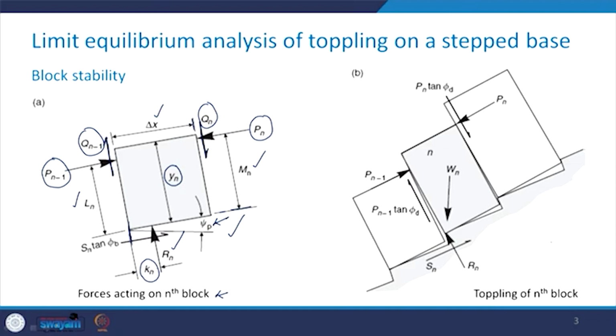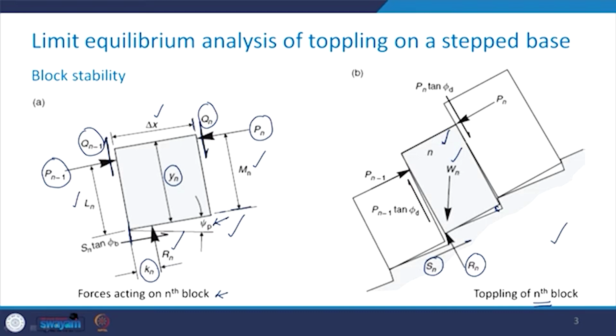Now take a look at the second figure in this slide. This shows the toppling of the nth block. You can see here that there is a gap between these two planes, which shows that this nth block is going to topple. Now here you have a force Rn and another force which is parallel to this base, that is Sn.